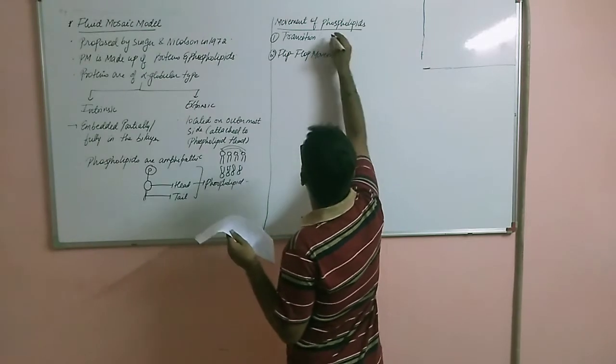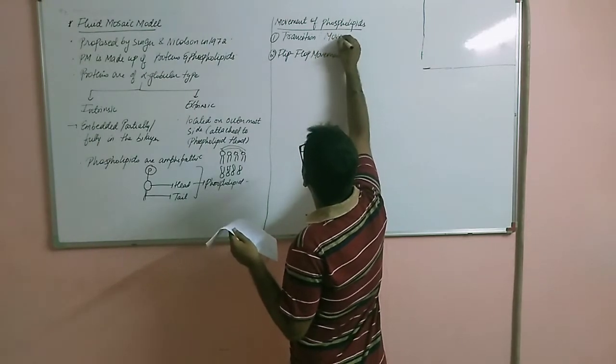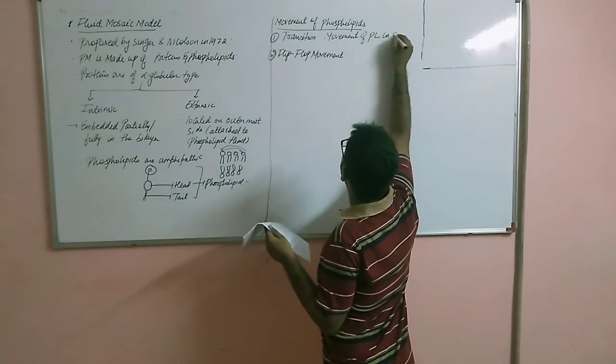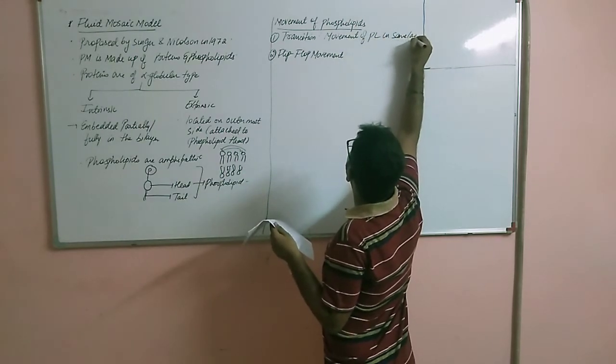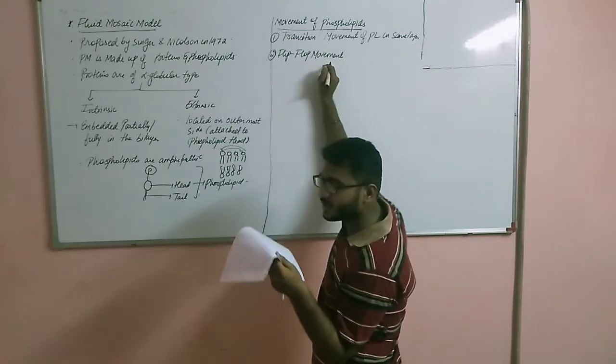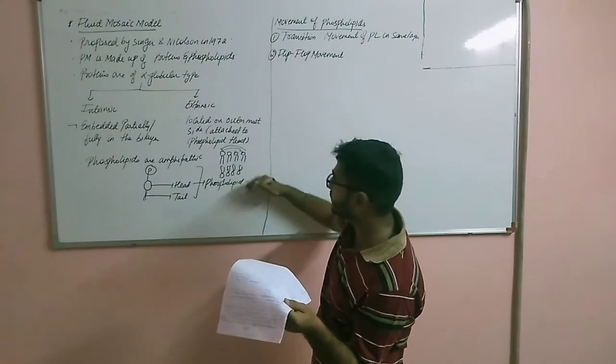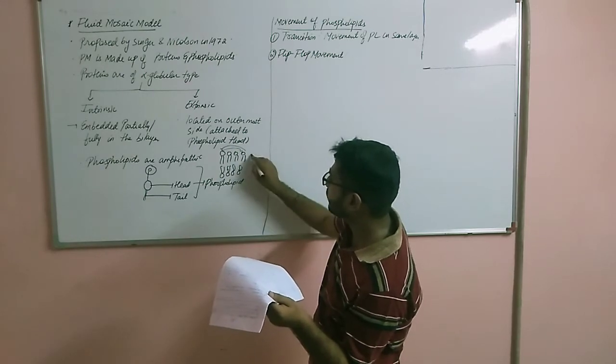That is transition movement, the movement of phospholipid in the same layer. Flip-flop movement is basically the movement of phospholipids between the two layers. That is, if this is moving here, then this will move here.